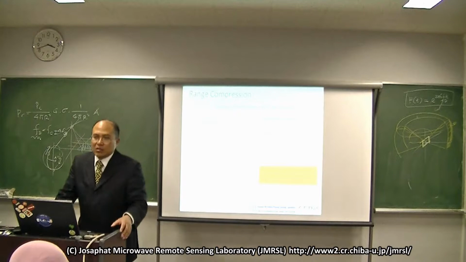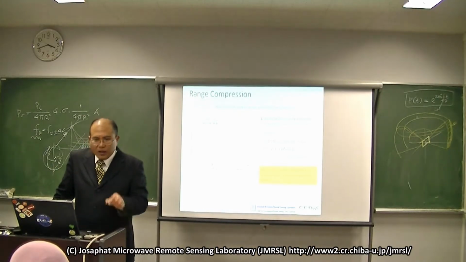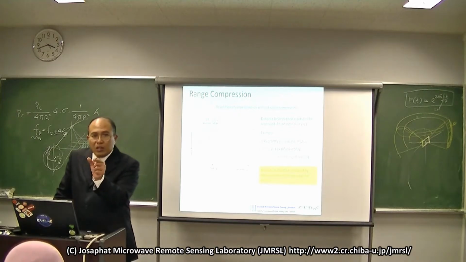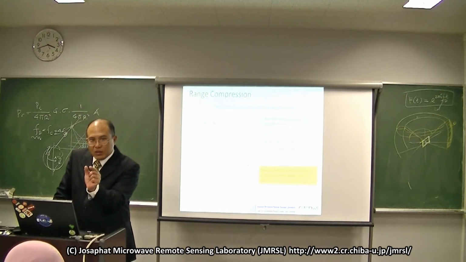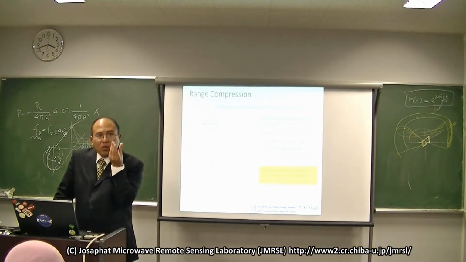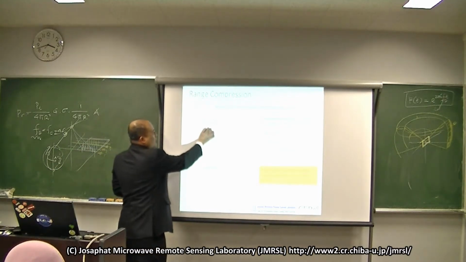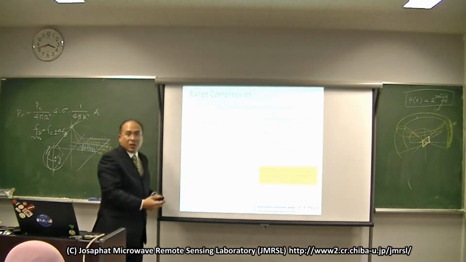So in this case, if you want to increase the resolution, or the distance, to discriminate between objects A and B, you need to make the pulse smaller and smaller. If you make it smaller, you can discriminate A and B.